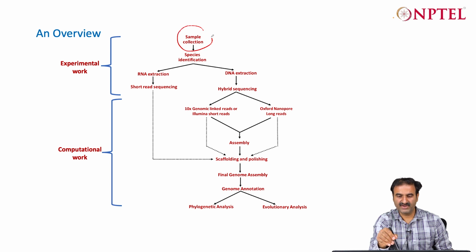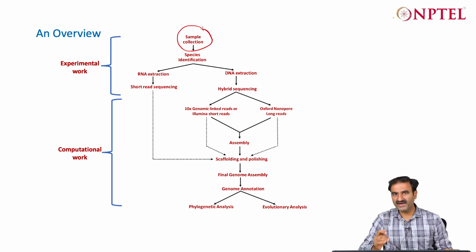For the species you are interested in, an appropriate sample has to be collected. If the species is available to you, like a plant growing in your backyard, campus or a nursery, then you can continue taking samples later also.